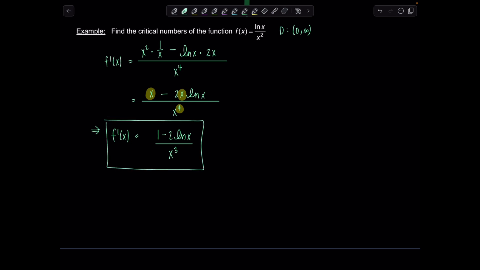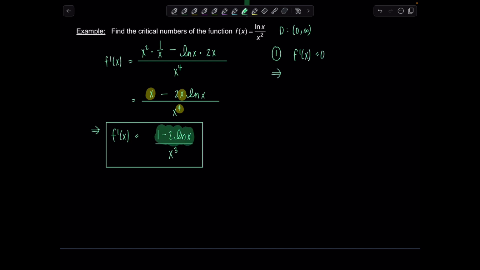Okay. So critical numbers come from two places. First place is where f prime of x equals 0. This happens when the numerator is 0. So just look at the top and set it equal to 0. 1 minus 2 ln of x equals 0. That means ln of x equals 1/2.